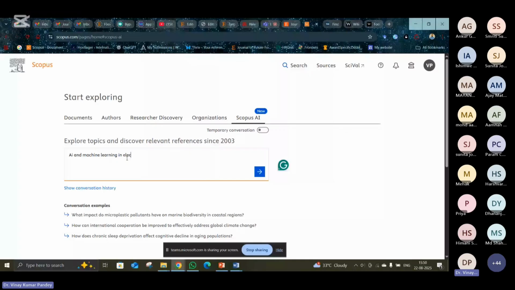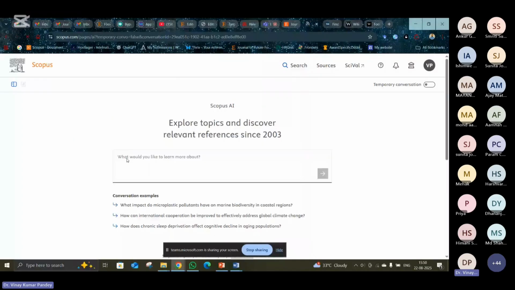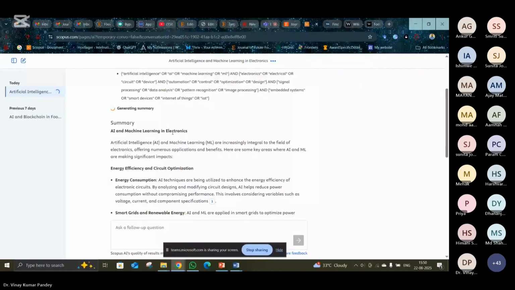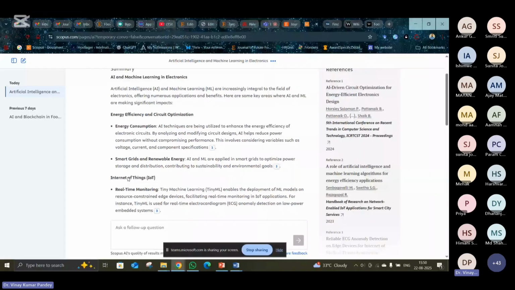I've compiled two departments. Let's see. See, it is performing. So it has given AI and machine learning in electronics. It has shown some of the topics: energy consumption, real-time monitoring, security.